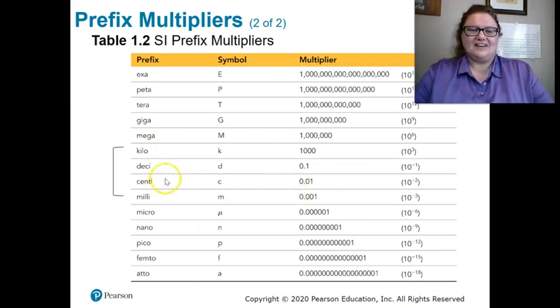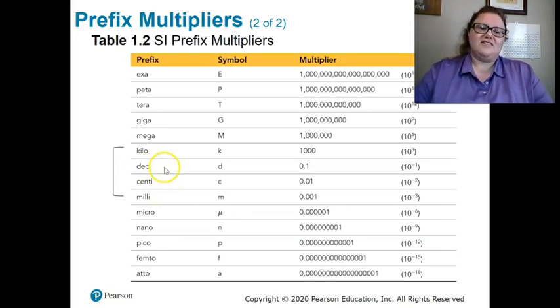So, okay, let's take a look at these prefixes. Kilo is larger, so that means 1,000. There is a term under that, deca, that's not shown here that means 10, but we're not going to really work with that value. There's no common need for it really in our class, so you're not going to see it often. You might see deci.